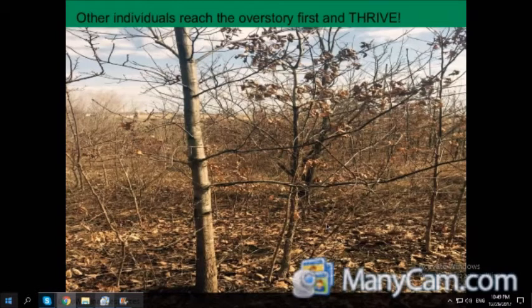Other individuals reach the overstory first, and then they thrive. Look at how close together all these little trees were planted. I know as a fact that these trees were all about 3 to 6 inches apart. They were planted by direct seed, so acorns and walnuts were put in there. Why did that one red oak just grow like crazy?